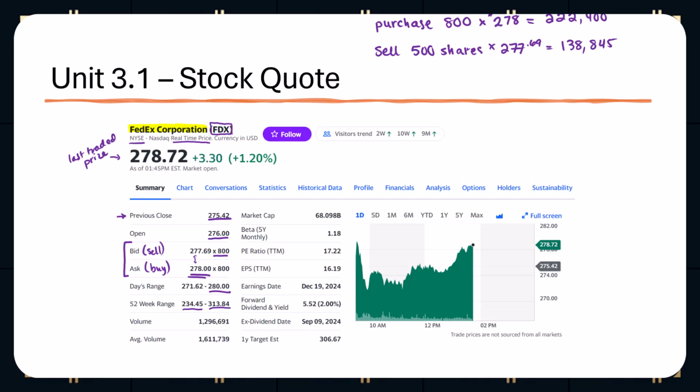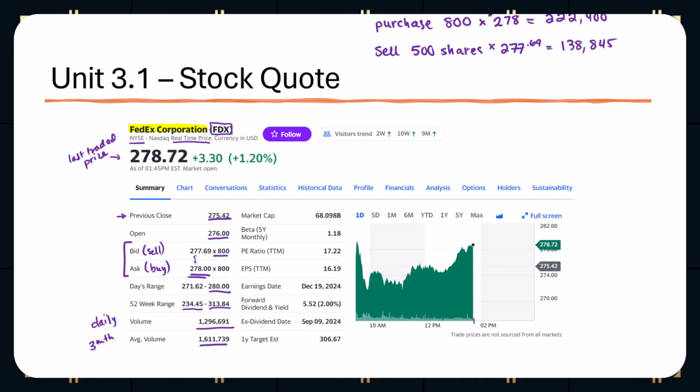Its daily volume, this was taken somewhere around 1 p.m. Eastern Standard Time. It's around the average daily volume. So this is the daily volume on Yahoo Finance, and this is the 3-month daily average volume. So on an average day within the past 3 months, there's been 1.61 million shares trading hands.